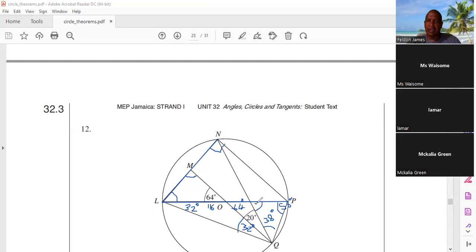Here is 84. Yes, sir. Over here is 84 too in this angle here. So angle on a straight line, we can use that. Angle on a straight line equals 180. There is something that we are missing.